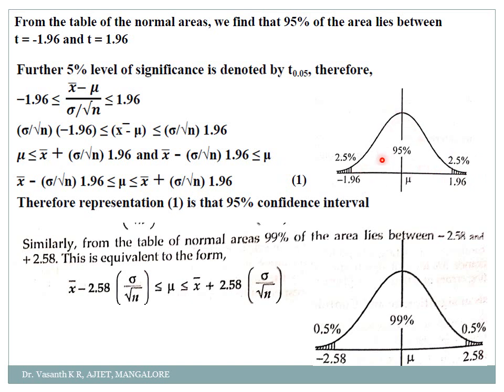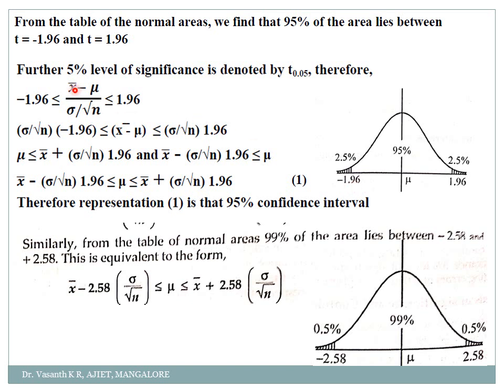If the value of your hypothesis test lies between minus 1.96 and plus 1.96, then we can tell that the hypothesis is accepted. And if it comes outside this, if the value we get is greater than 1.96, then we tell that the hypothesis is rejected. That's it, very simple.